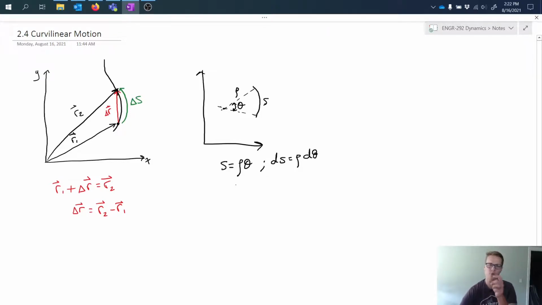So if I zoomed in very, very close, I might use differential units and sum them up, which forms the basis of an integral. I could also rewrite this then as d theta by ds is equal to 1 over rho. And that's nice. We'll come back to that in a little bit.